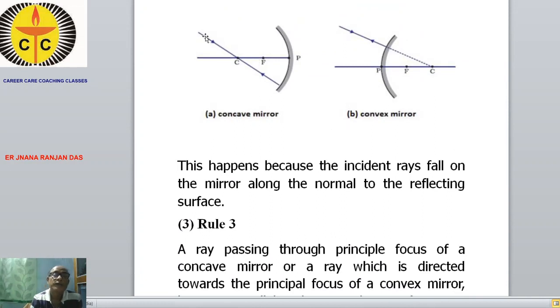So a ray coming toward the center of curvature and falling on the reflecting surface will exactly follow the same path. This is the incident ray, and this is the reflected ray. The reflected ray follows the same path as the incident ray.